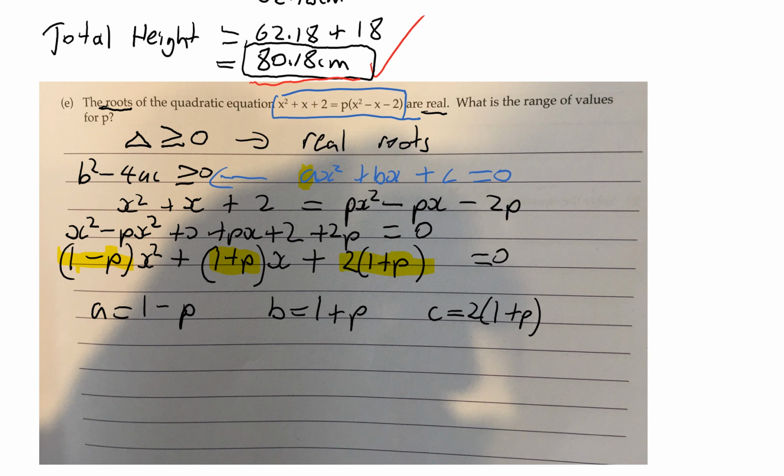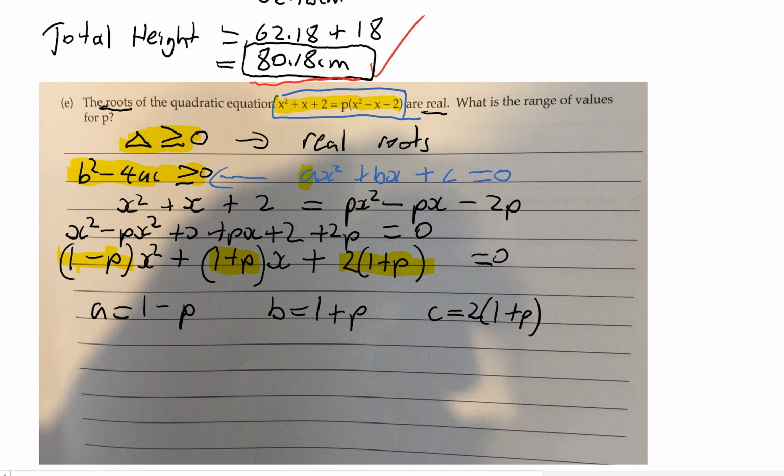Okay, good idea now to read the goal again. What's the goal? Well, we've got to find the range of values for p that mean that the original equation here has real roots. So that means we want the discriminant part, b squared minus 4ac, to be greater than or equal to 0.